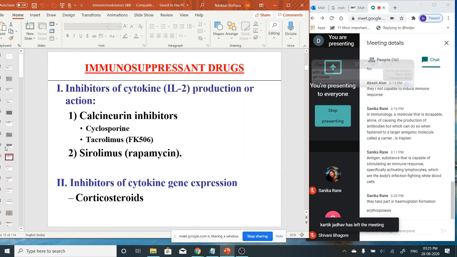Now, the next thing is that this is the basic physiology. When we say that it is a basic defense mechanism and it is good for the body, then why do you want immunosuppression? Have you used immunosuppression somewhere? What is the need of immunosuppression then?